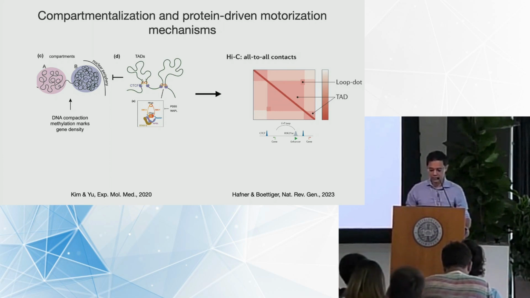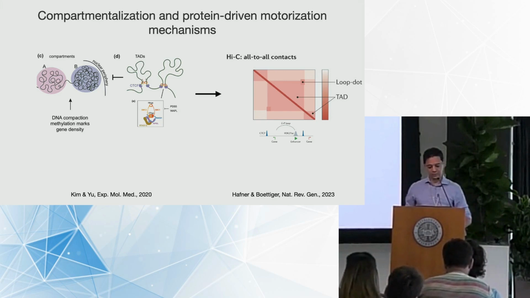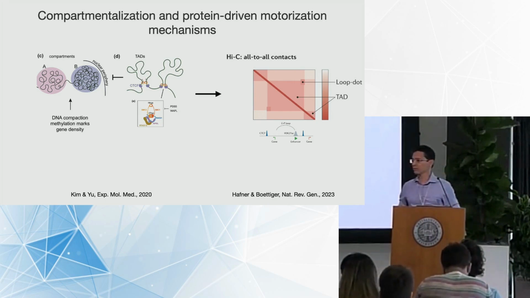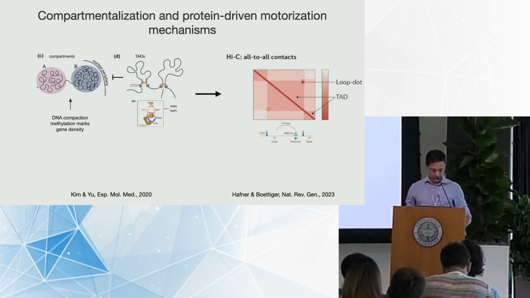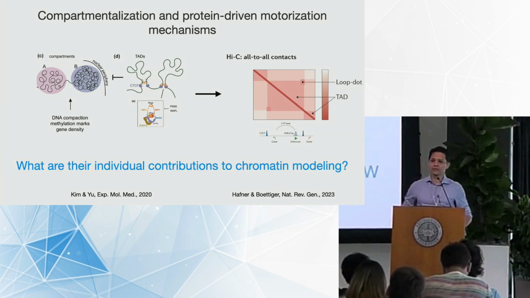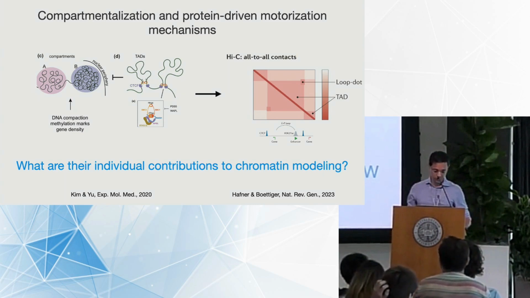And we could also have protein-driven loop extrusion given by protein complexes like SMCs and CTCF. All of these mechanisms can be seen in the Hi-C experiments, as we've been seeing these last two days. So if you think about chromosome organization as driven mainly by these two mechanisms, I want to define a polymer model to understand their individual contributions to this organization. This is the main point of this talk.